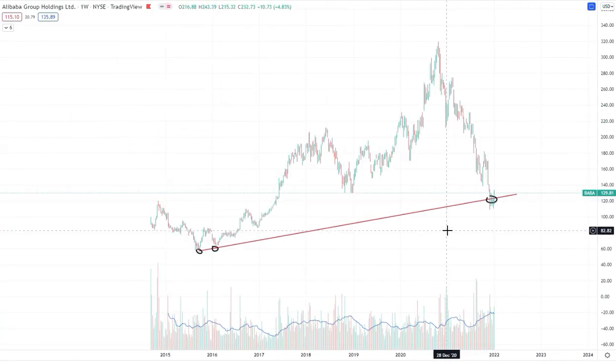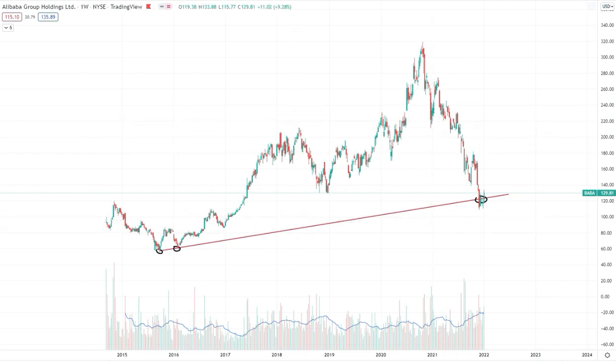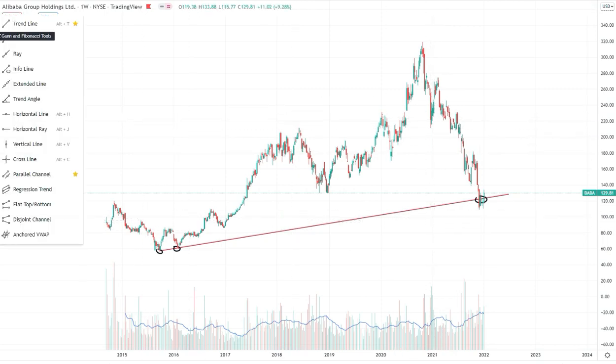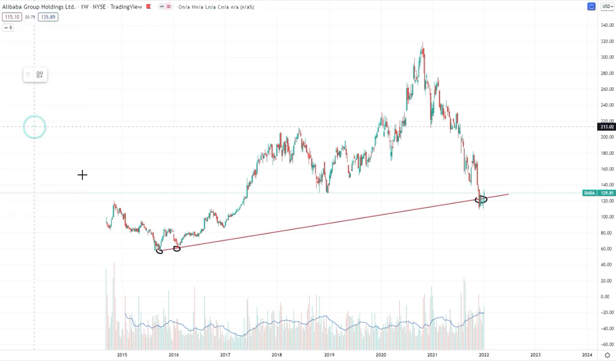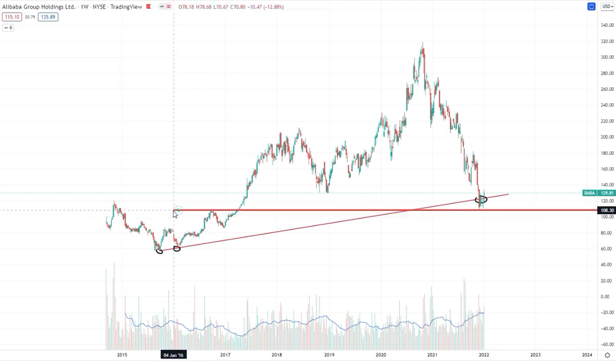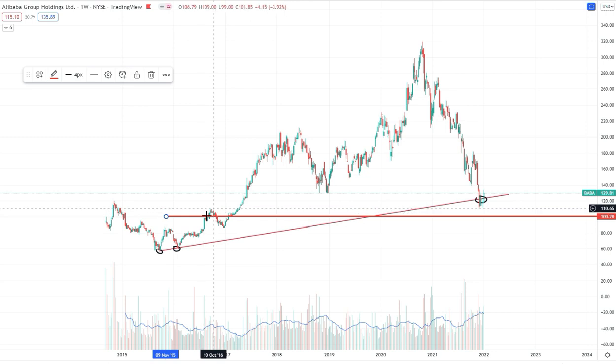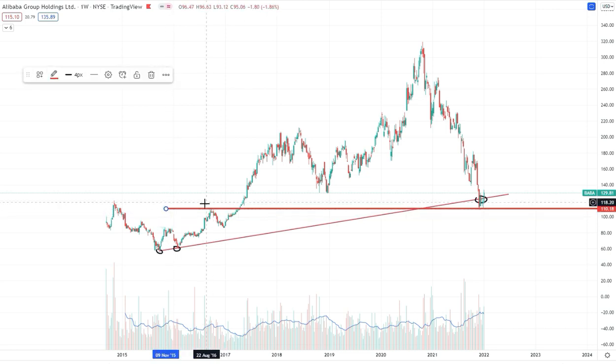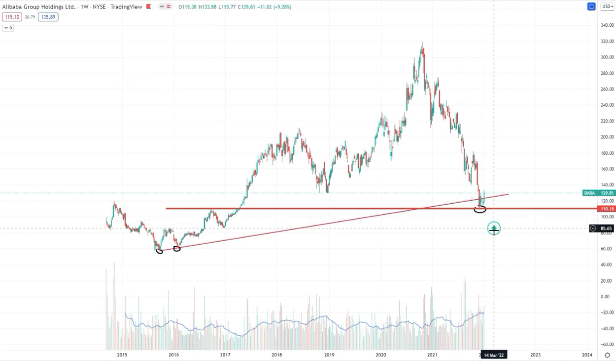The second consideration is that there might be two other support levels and lines that helped the price to bounce, and the first one is definitely here at 109. Look, this level is a level of support, and the price bounced perfectly here.